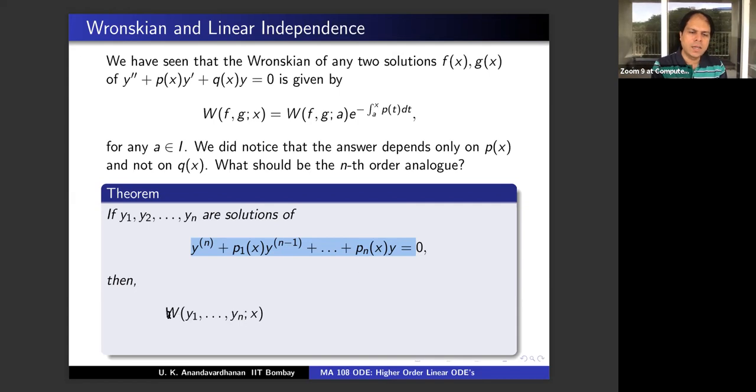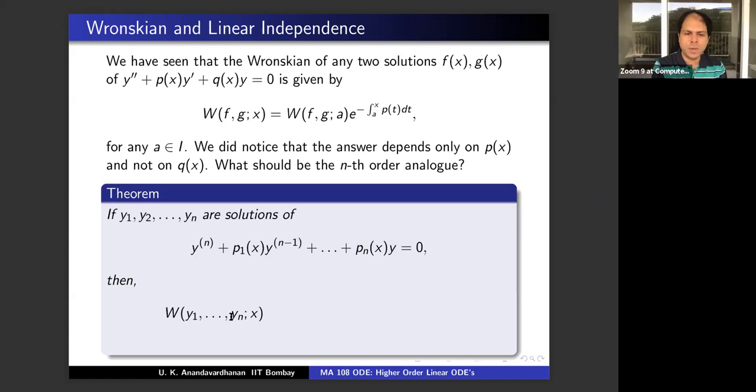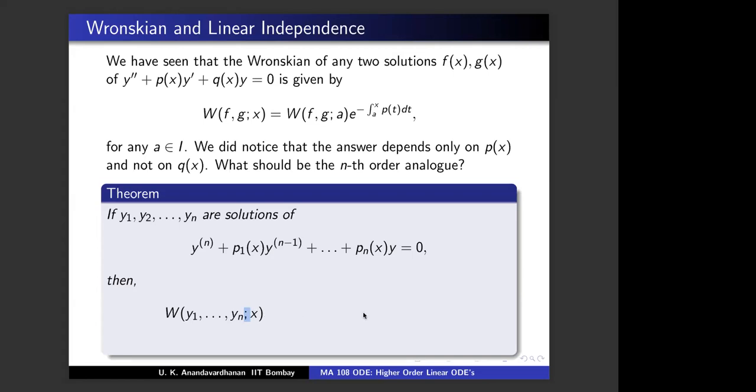Then Abel's identity tells you that the Wronskian at any point x is, can you fill up what is going to come here? W at a of y1, y2, etc., yn, with my notation of a semicolon, at x, equals W at a times e to the power minus the integral from a to x of p1(t) dt.